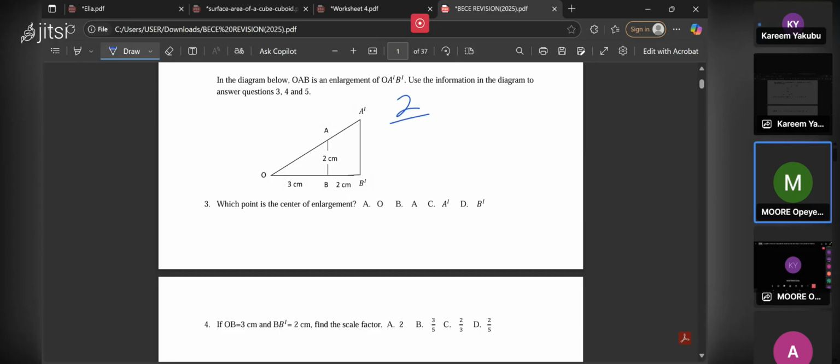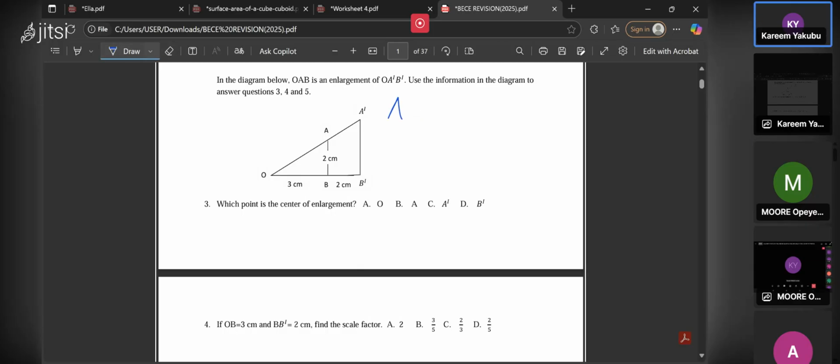Let me write the ratio of corresponding sides first. That's going to be AB over OB equals A prime B prime over OB prime.